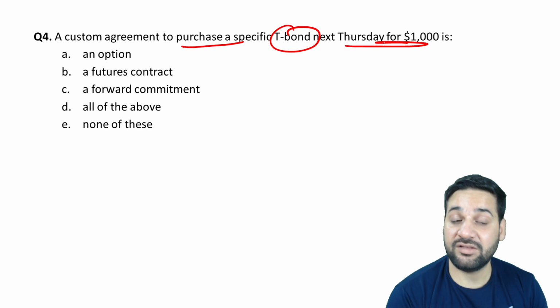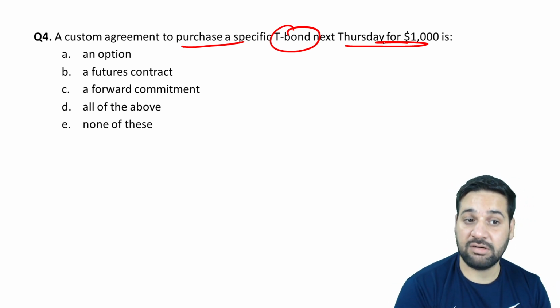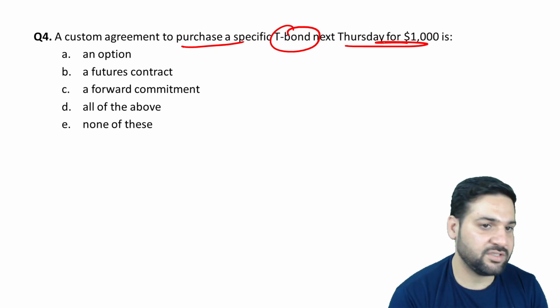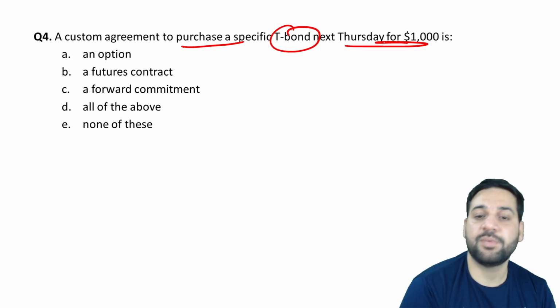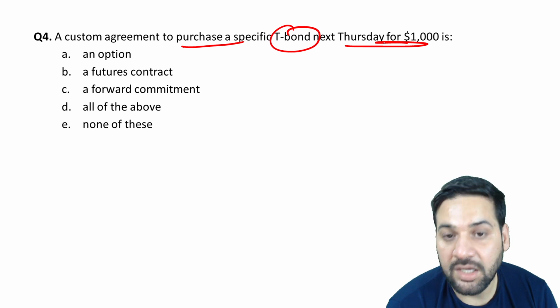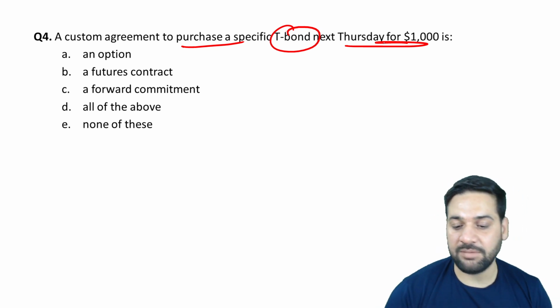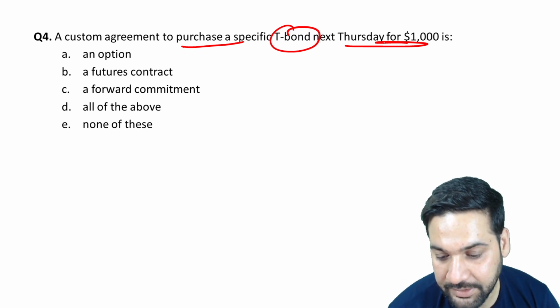Is it an option, a future contract, a forward contract, a forward commitment, all of the above, or none of these? Tell me the correct answer if you got it.